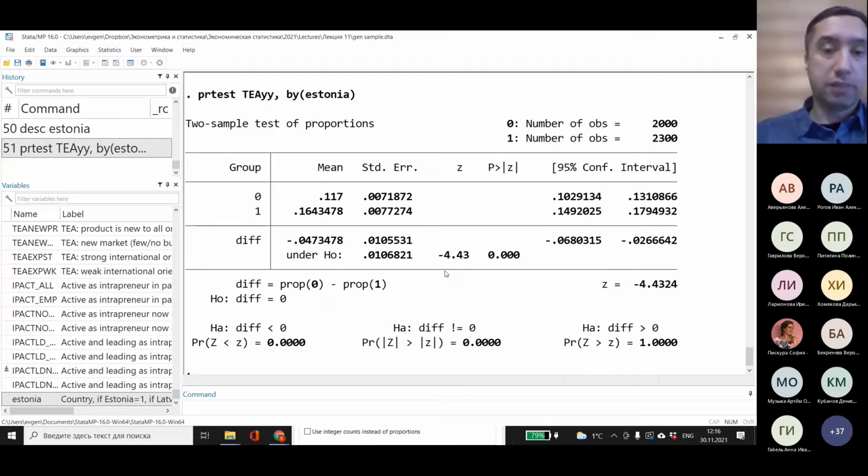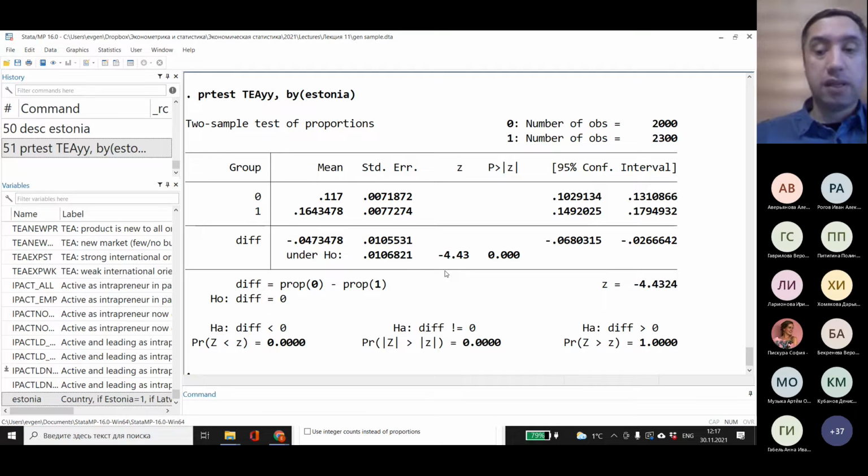And by the way, we often compare different proportions using different groups. What we can learn from this test: we see that our confidence interval for the difference has two negative limits, and we don't have 0 in this confidence interval. Also, we see that the test statistic is definitely greater than any usual critical values, meaning that we have to reject the null hypothesis.